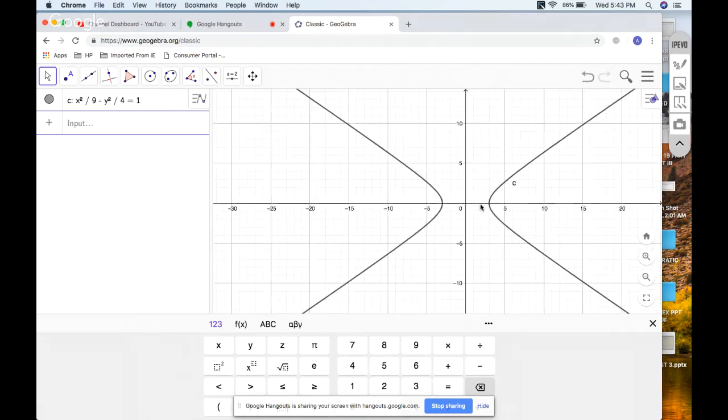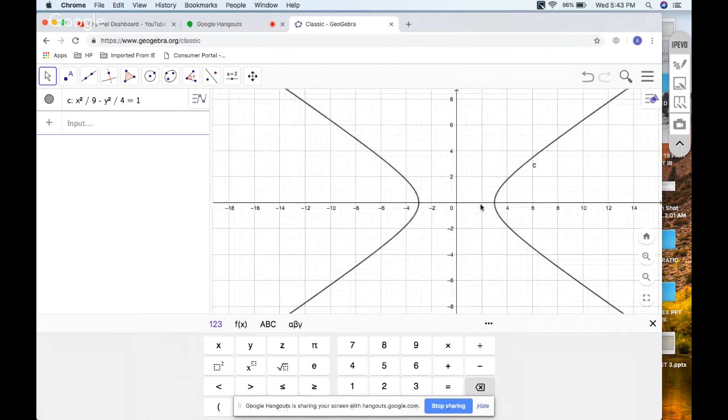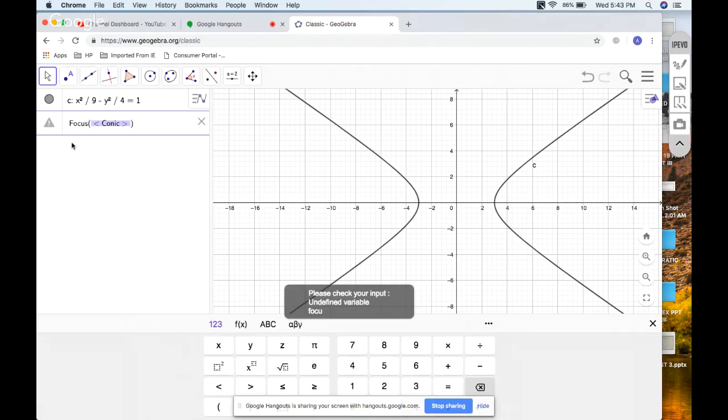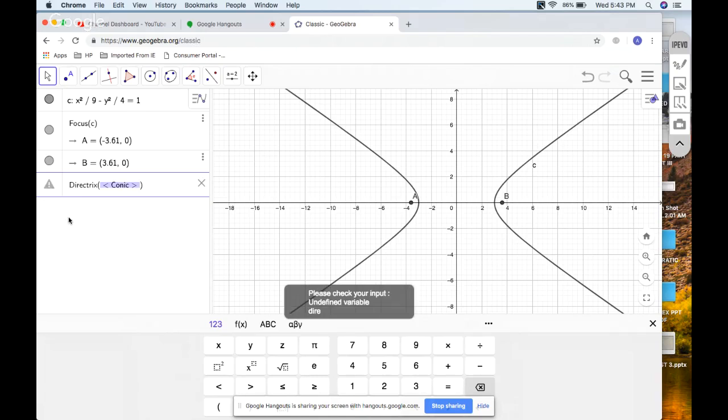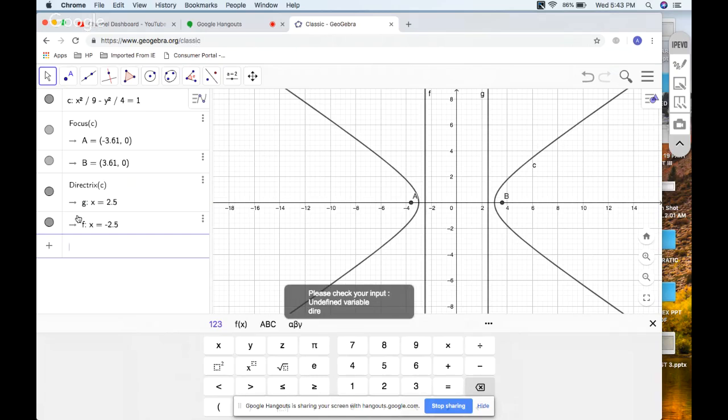All right, so this is basically the diagram of a hyperbola. Okay, so focus of this conic C, as you can see, is at point A and B. And directrix of this conic C, as you can see, is this line F and G on your screen, right?